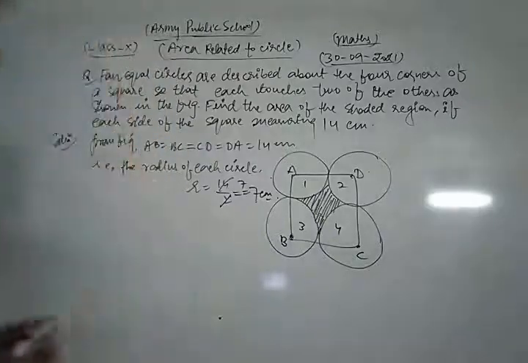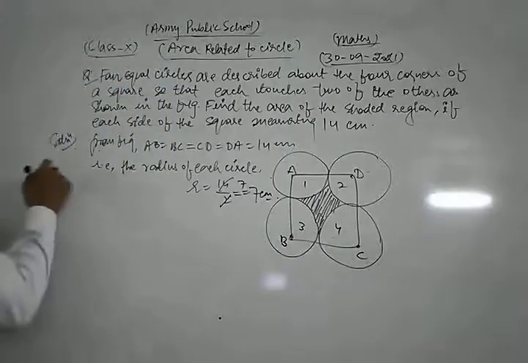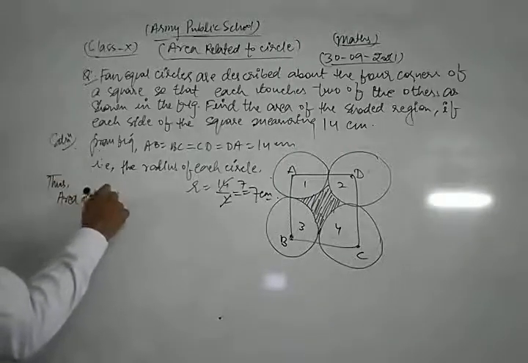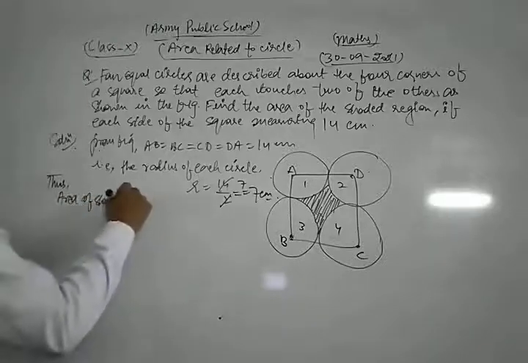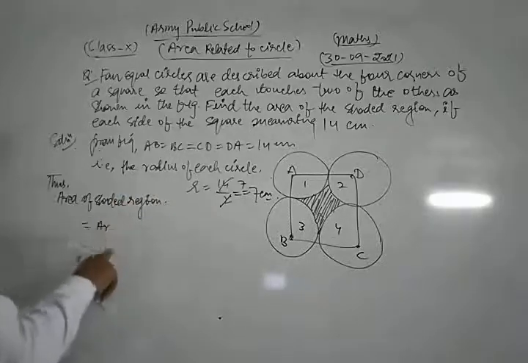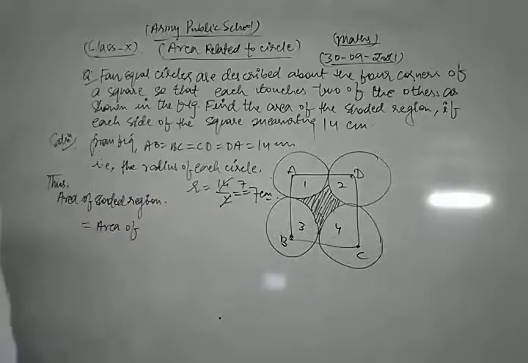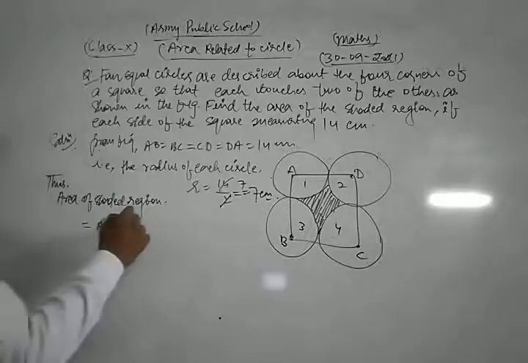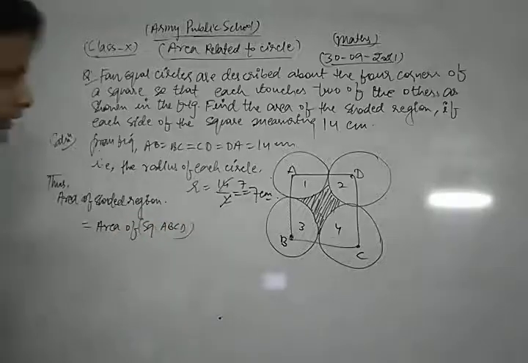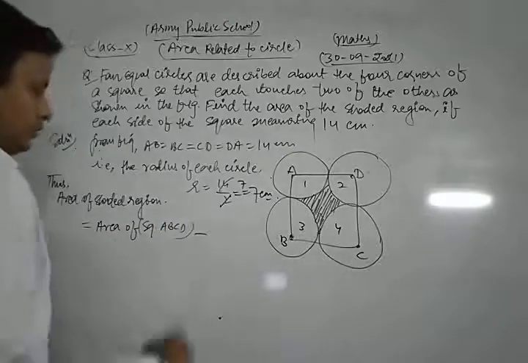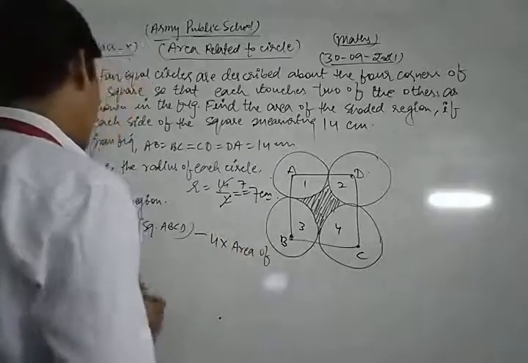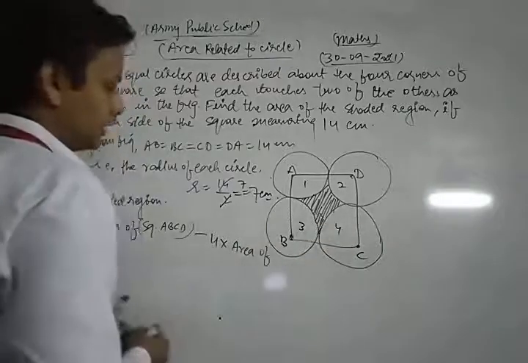Okay, now look. Thus area of shaded region is equal to area of square ABCD minus 4 into area of each quadrant, because the 4 quadrants are there, na?